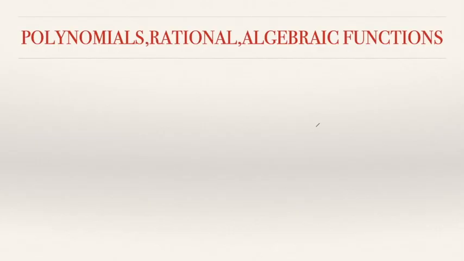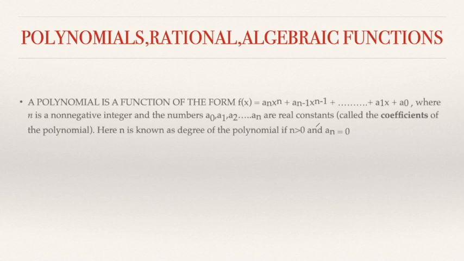Now let us look into the polynomials, rational function and algebraic function. So what is polynomial? A polynomial is a function of the form f of x equal to a n x to the power n plus a n minus 1 x to the power n minus 1 and so on up to a 0, where n is a non-negative integer and the numbers a0 to an are real constants called the coefficients of the polynomial.